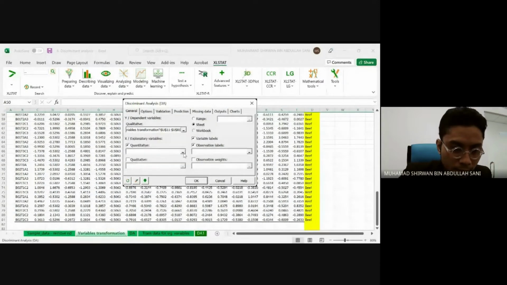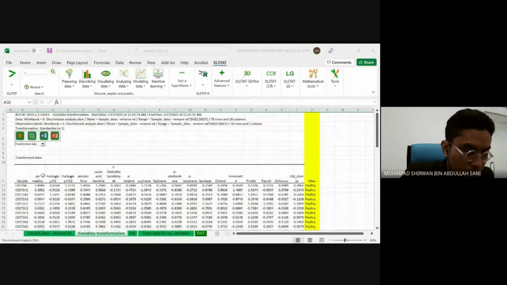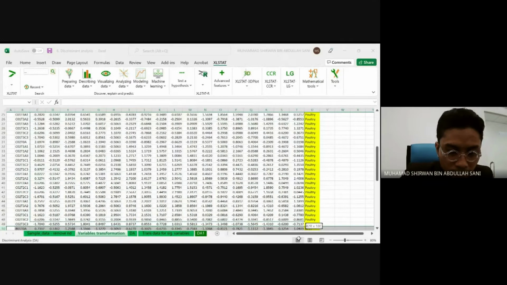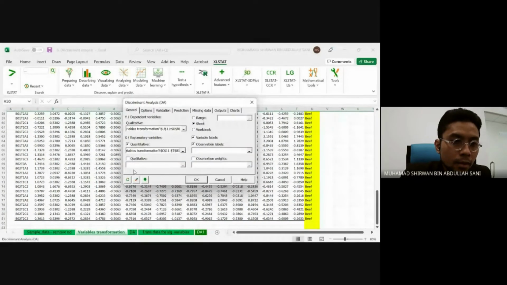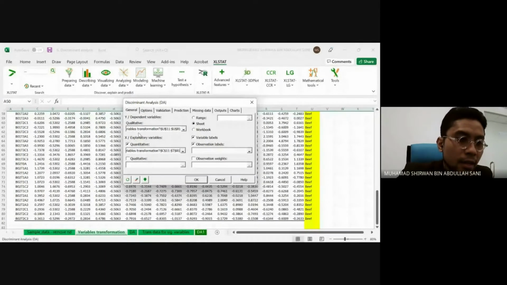Again, click this one, go to the title of the pH reading, drag to all the way to the cheese title and then drag down to the last row. Okay. Oh, I'm sorry, it should be quantitative, right? This one is quantitative, but the Y is qualitative. The X is quantitative.